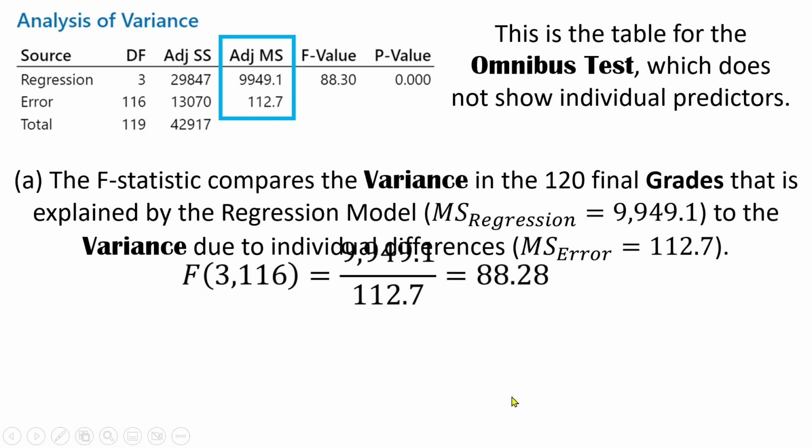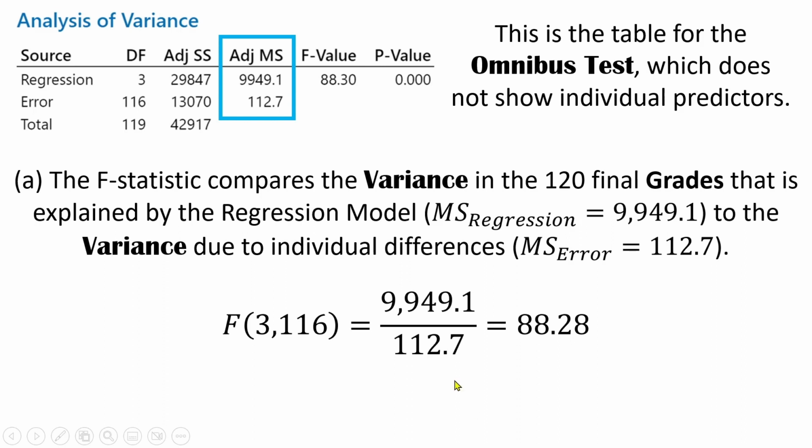So the F statistic is just a ratio of the variance in the original 120 measurements that's being explained by the regression model versus the variance that is left over that is attributed to individual differences. And so that ratio is 88.28, which rounds to 88.30.